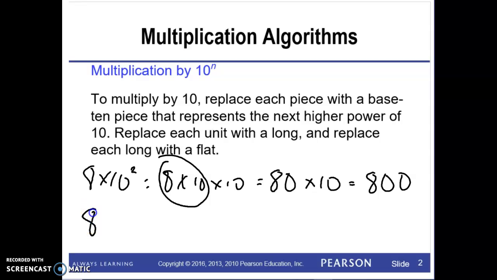So if I multiply 8 times 10 to the 5th, even without doing this, I know I'm going to shift my 8 over 5 place values, and then I'll fill in the missing spots with zeros as placeholders. But what I'm focusing on with my students is that I'm shifting the place value, not that I'm adding a 0. The adding a 0 is a consequence of shifting the place value, not the cause of shifting the place value.